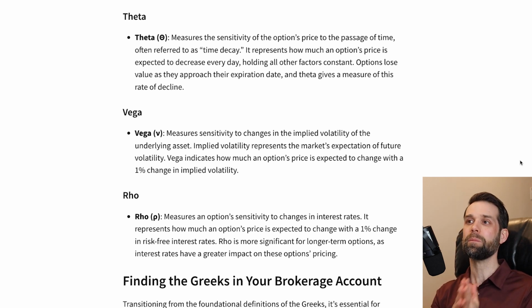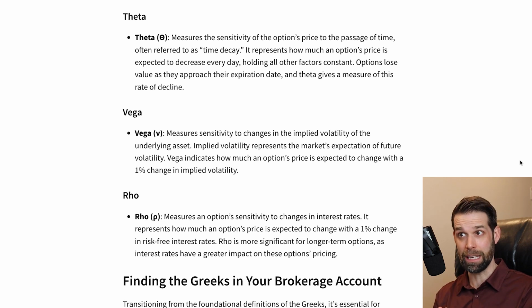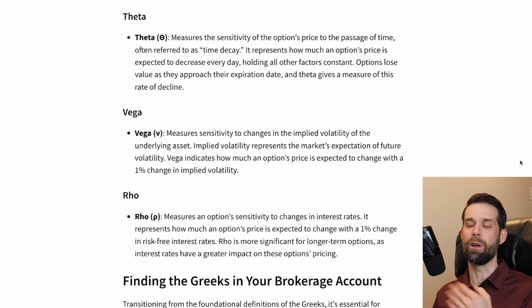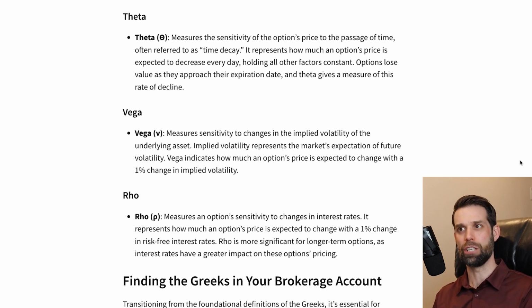And then Vega measures sensitivity to changes in implied volatility of the underlying stock. And again, we talked about what implied volatility was in our last discussion on option prices. Implied volatility represents the market's expectation of future volatility in the stock.